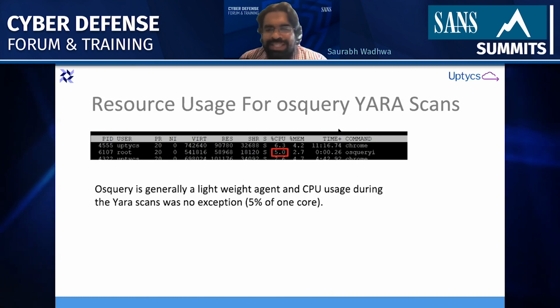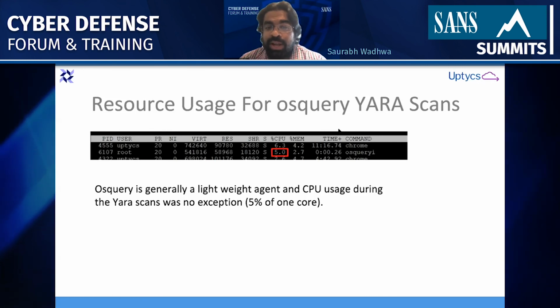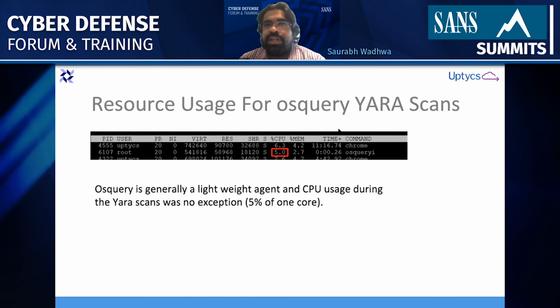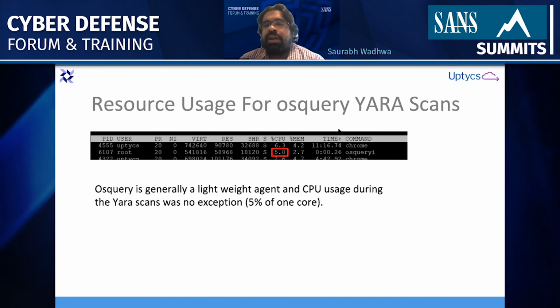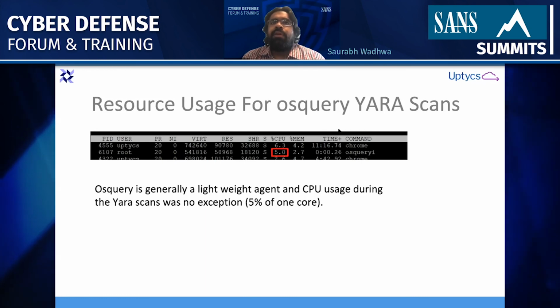And now when we see the resource utilization for OSQuery running along with YARA, the utilization is down from 197% or 193% to just 5%. The reason is because we have made the YARA scans targeted. We are targeting only the processes.